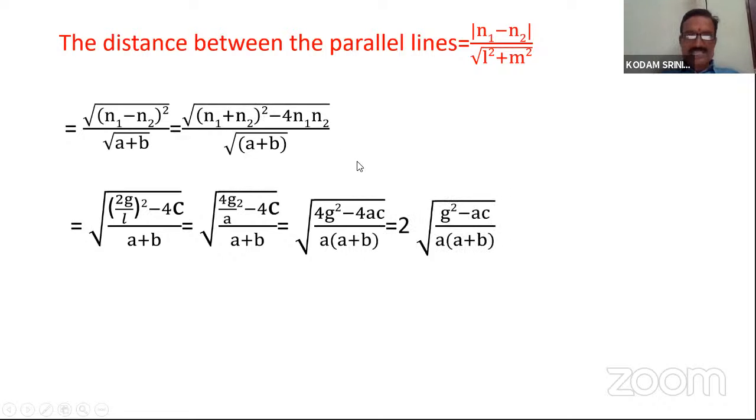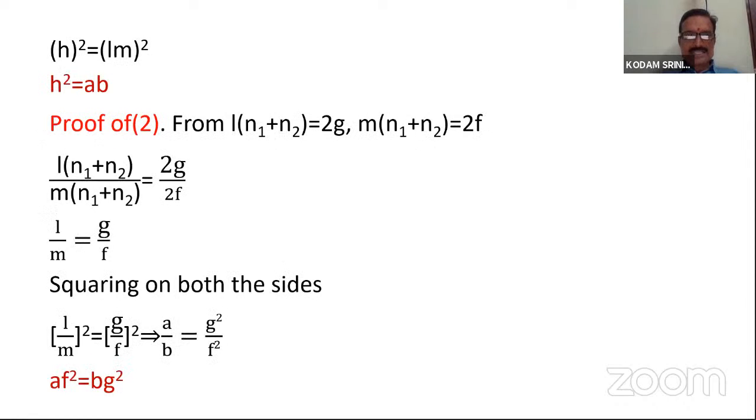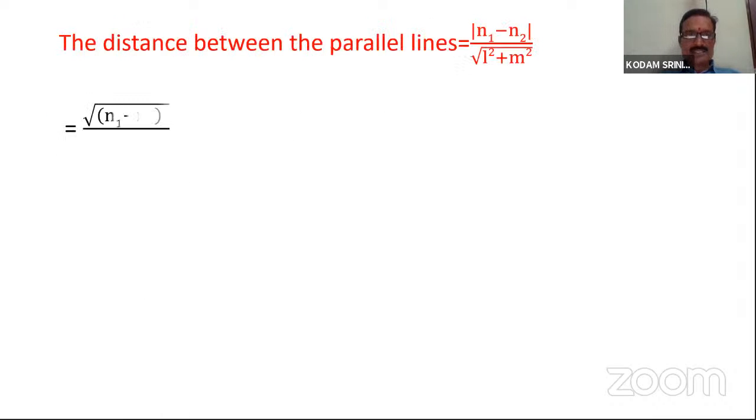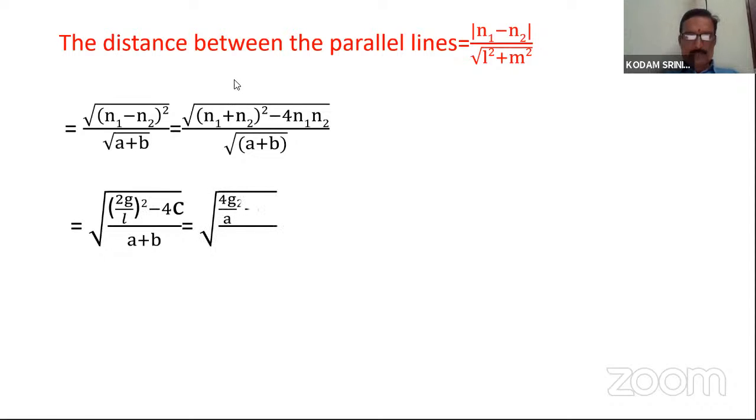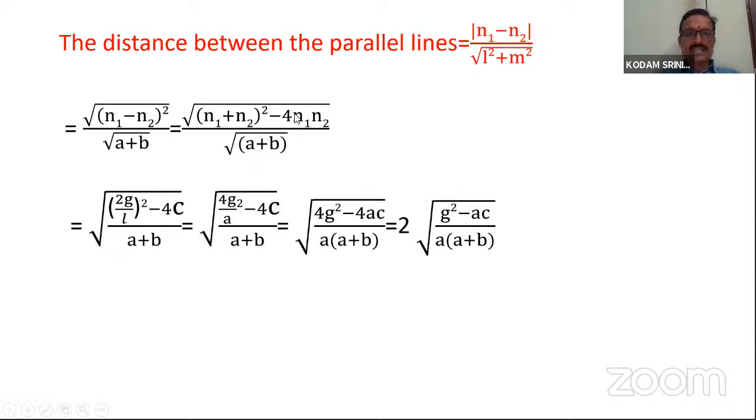From this step, L into (n1 plus n2) equals 2g, so by taking L outside, n1 plus n2 equals 2g by L. Using the same condition, and already we have that n1 n2 is the c value, so 4c: (2g by L) whole square minus 4c, by a plus b.